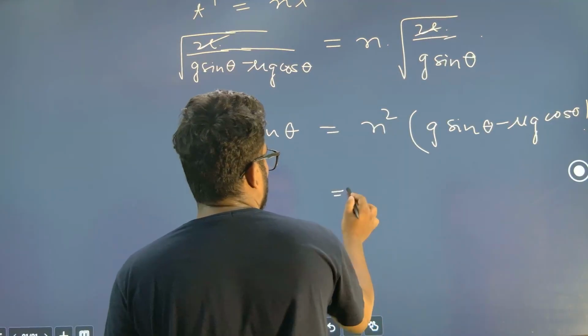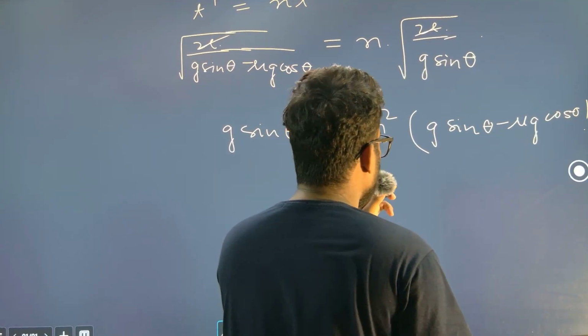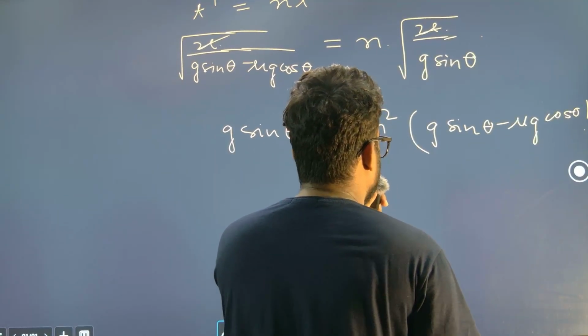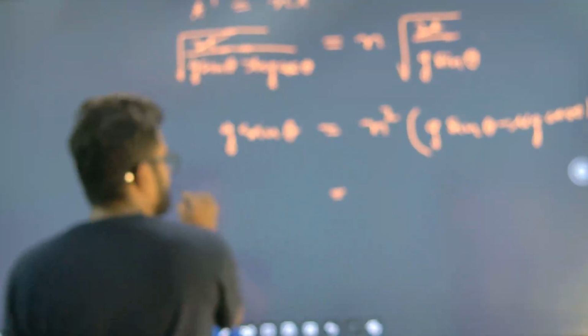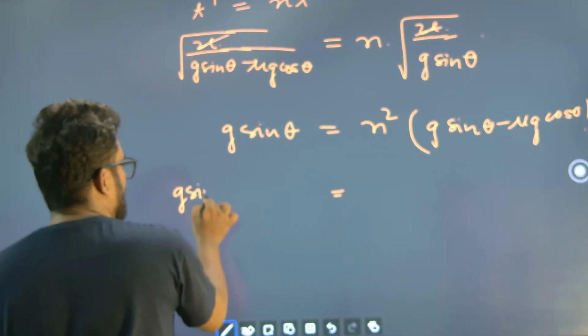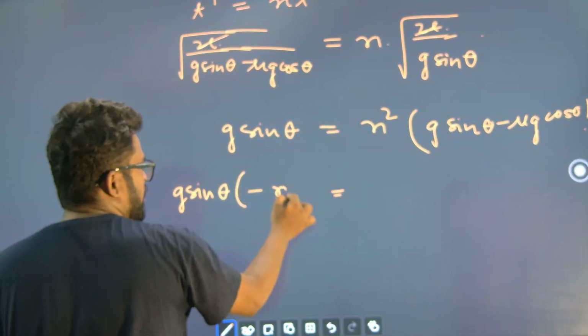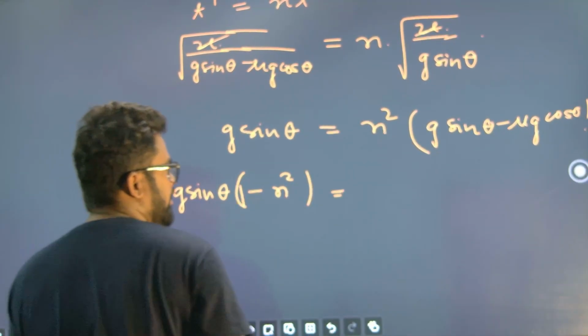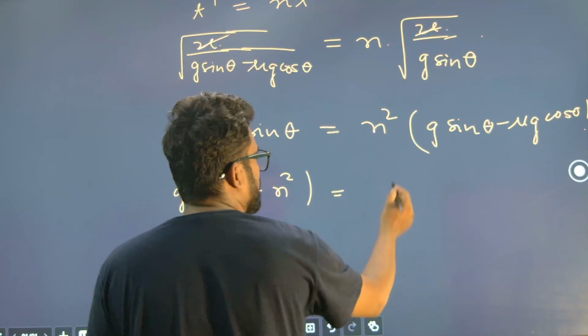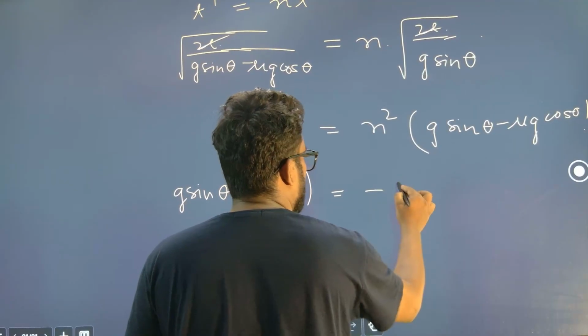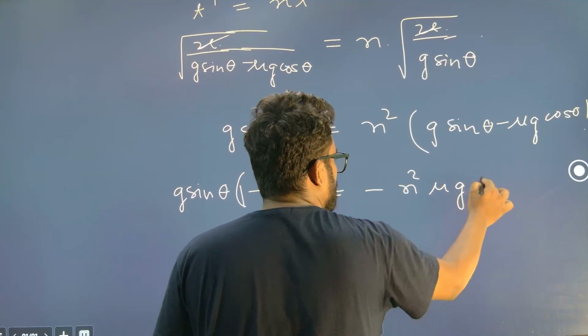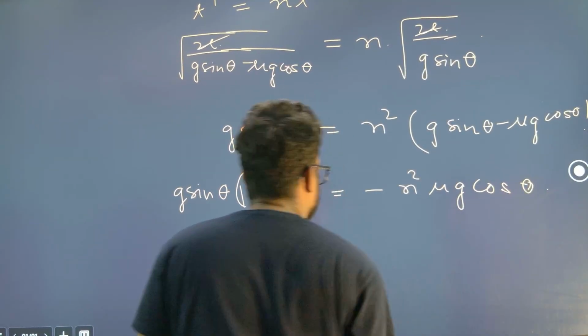Now we need the value of mu. So let's see the value of mu. Taking g sin theta common, g sin theta (1 minus n square) equals minus n square mu g cos theta.